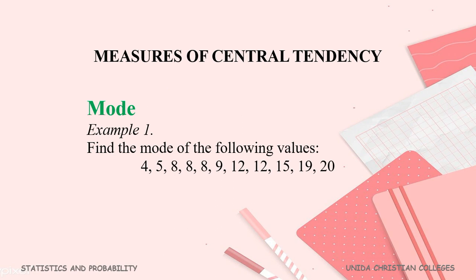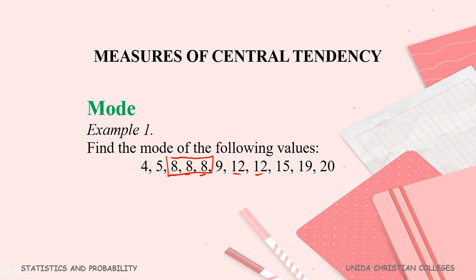As you can see po, ang ating 8 ay occur ng 3 beses. Si 12, 2 beses. Ano ang mas frequent? Siyempre yung 3 beses, no? 3 beses na nagpakita sa ating data, which is 8. So, since 8 po ang most frequent na nag-occur sa ating data, then siya po ang ating mode.